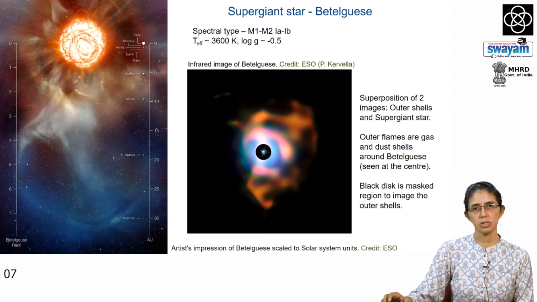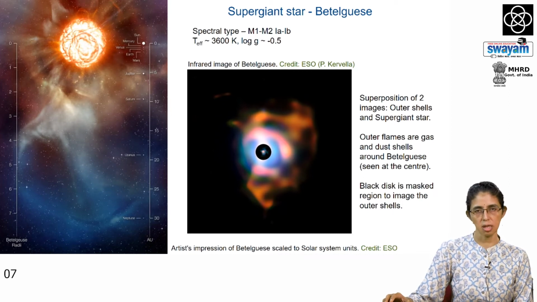And on the right is shown a panel of an actual infrared picture of the supergiant star Betelgeuse. This is a combination of two pictures. The outer flame-like structures which are seen in the image are gas and dust shells which are thrown out by the supergiant star, which is seen as a dot in the center.